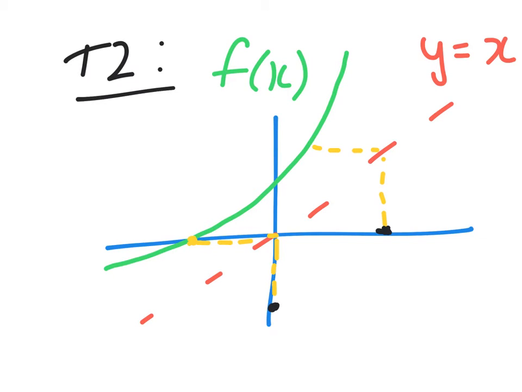Then we'll do another one, go across and down, and it gives you another point here. So what you're going to see is that the inverse function looks something like this. It's like a mirror through the line y = x. Okay, that's one way you can do it.